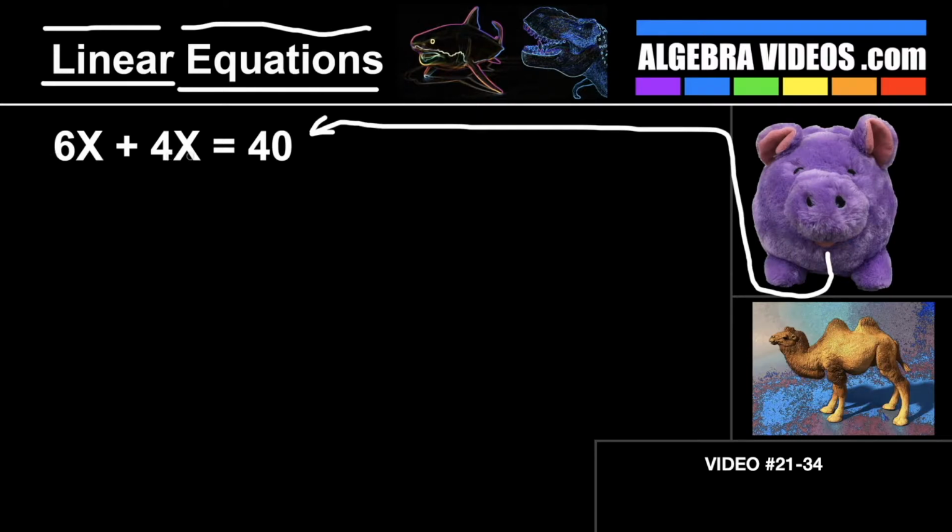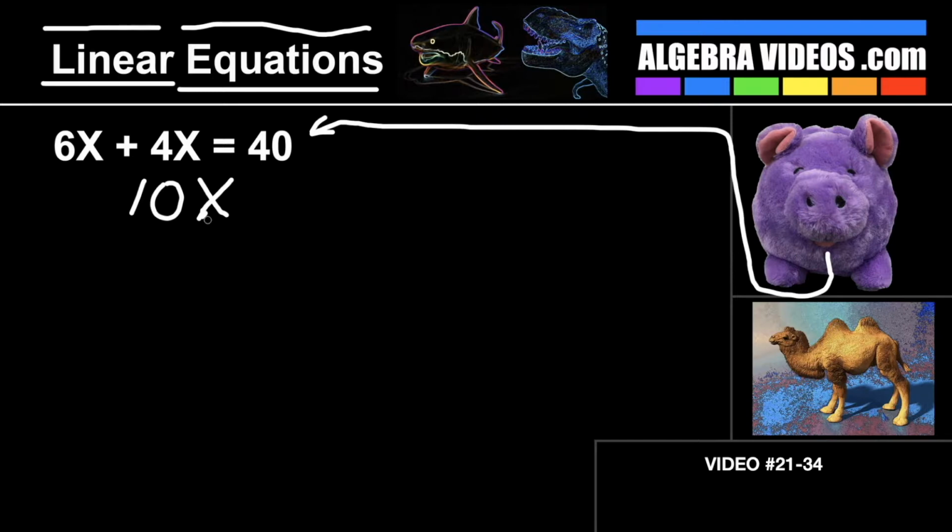First, I'm going to simplify the left side. 6x plus 4x is the same as 10x. Okay, how do I know that? Well, 6 times anything plus 4 times anything is the same as 10 times anything. For example, 6 oranges plus 4 oranges is the same as 10 oranges, right?